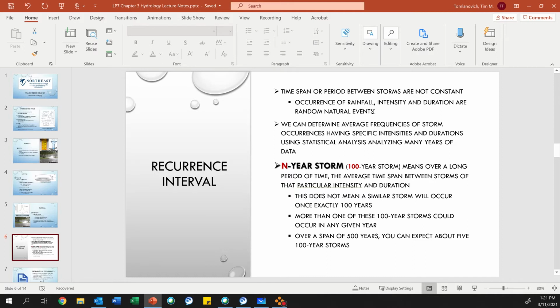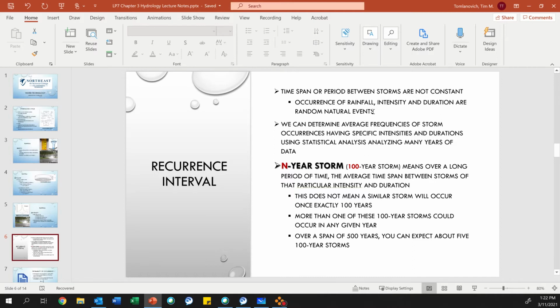However, this does not mean a similar storm will occur exactly once every 100 years for a 100-year storm. More than one of these 100-year storms could occur in any given year. So we could have one, we could have two, we may not even have any, okay? We could have three. So basically that's telling us that over a span of 500 years, based on statistical data, remember it's still random, you can expect five 100-year storms.